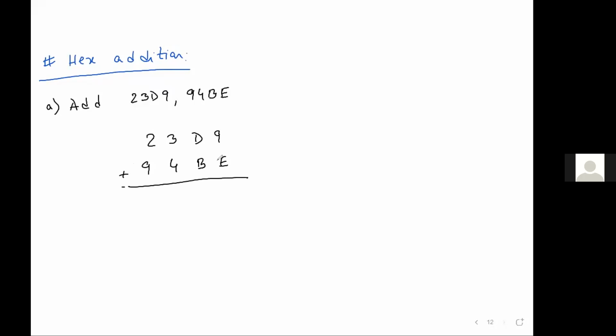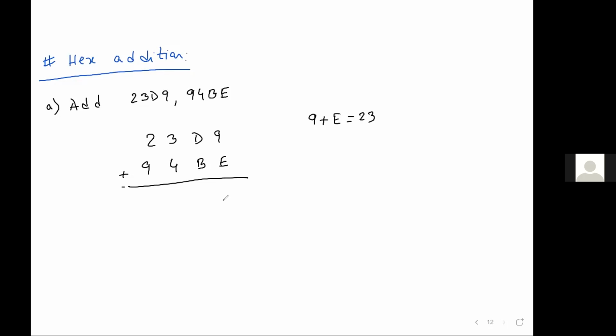So start from the right hand side. 9 plus E is 23. So what will you write over here?